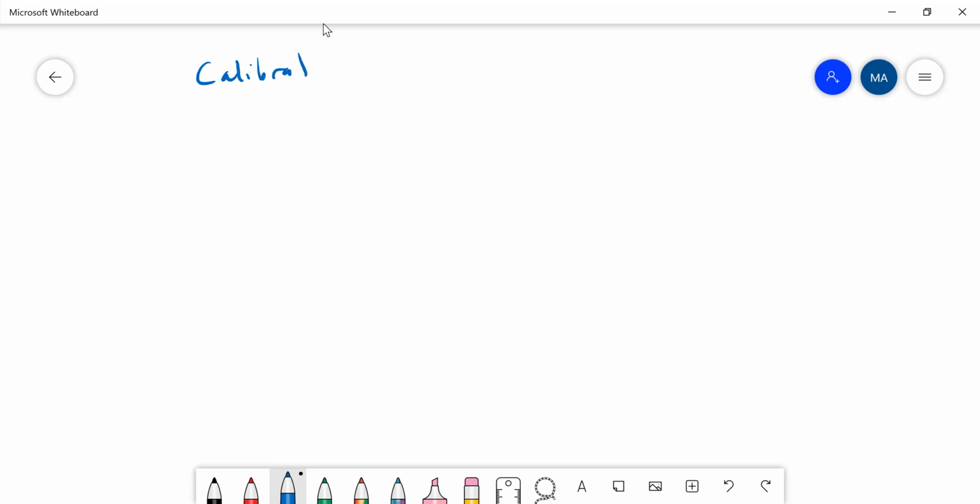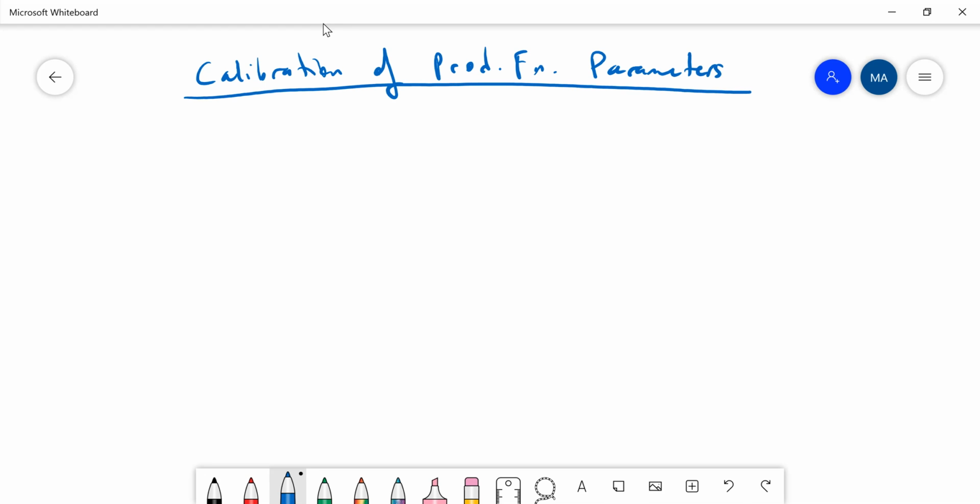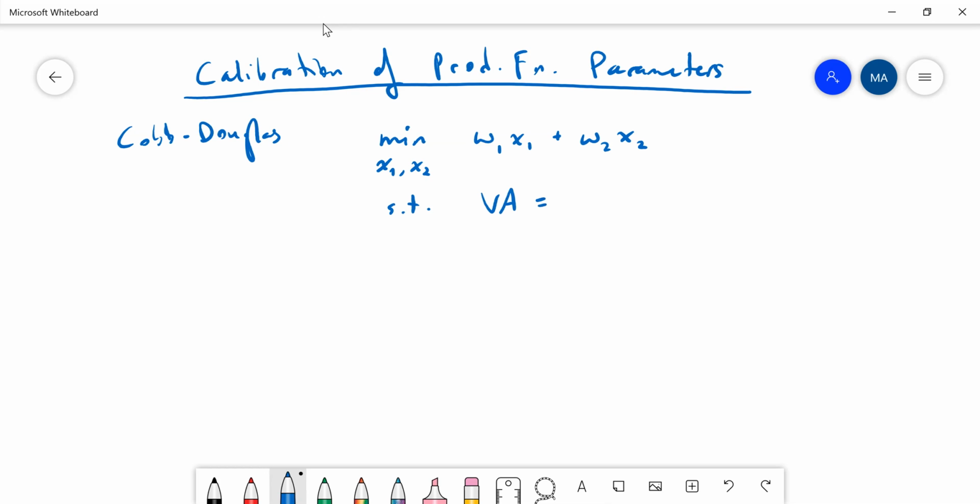So, calibration of production function parameters. This is from your textbook. First, let's look at the Cobb-Douglas case. Remember the problem faced by a firm is to choose, let's say, some x1 and x2 to minimize this cost function, subject to some target.